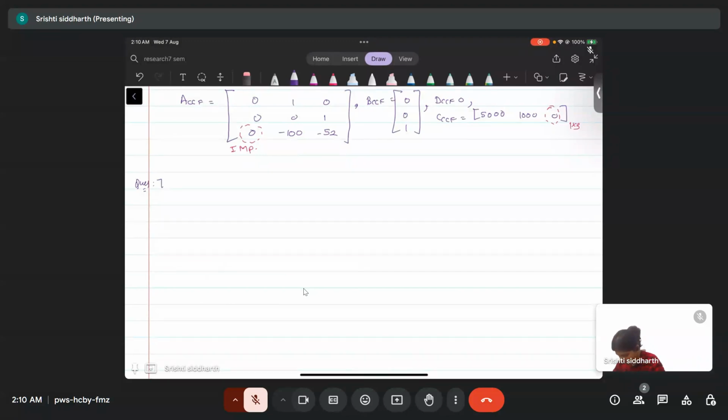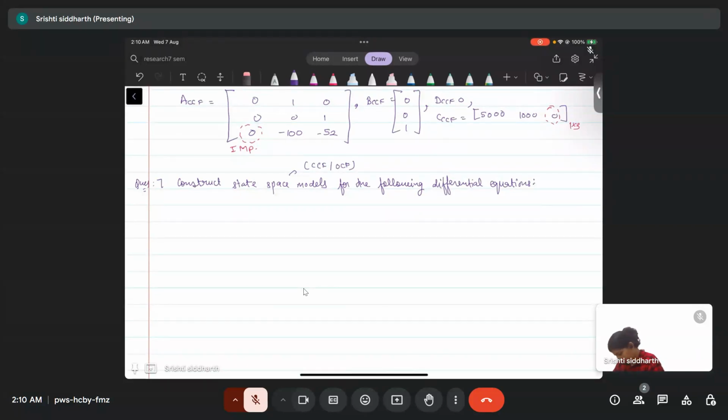So construct state space models for the following differential equations. These can be CCF or OCF.